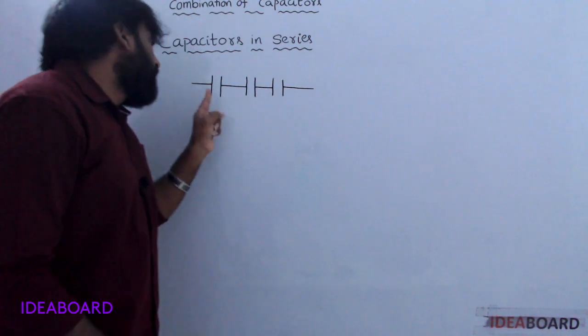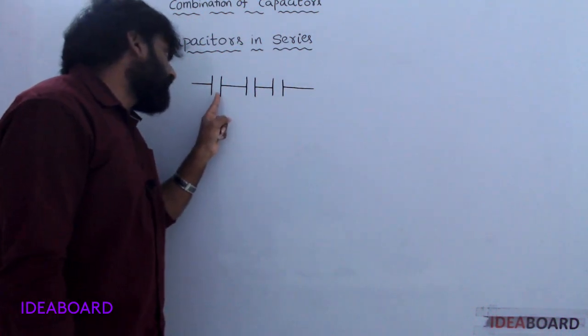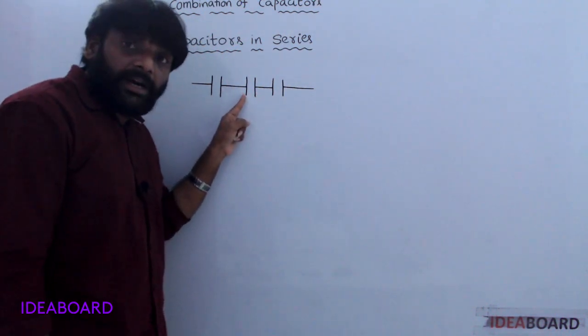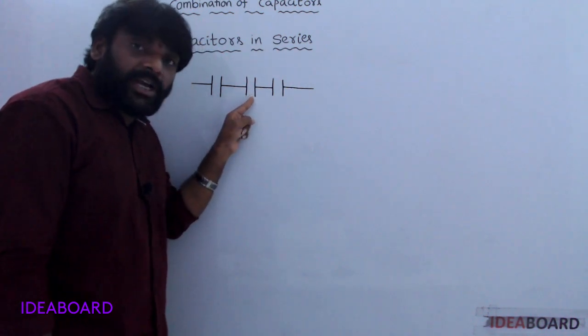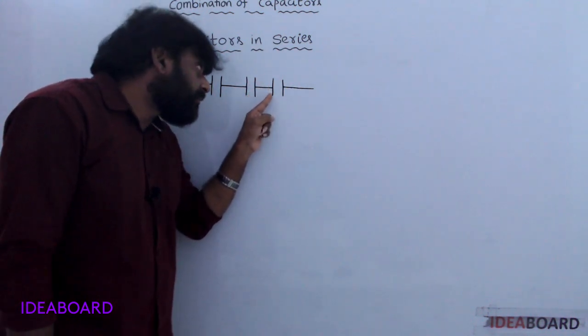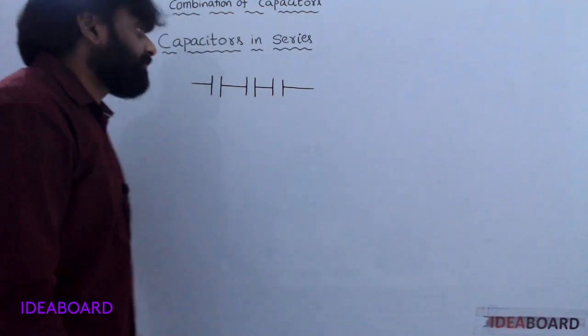Once again, the second plate of the first capacitor is joined with the first plate of the second capacitor, and the second plate of the second capacitor is joined with the first plate of the third capacitor.